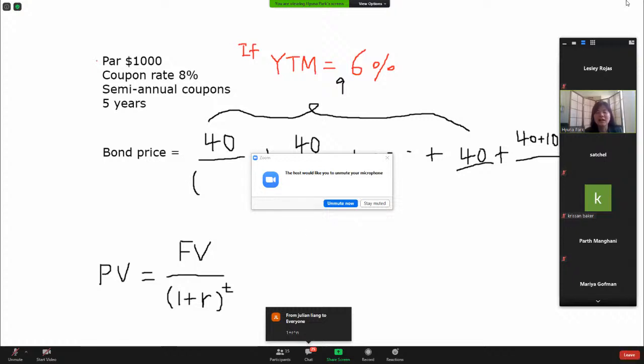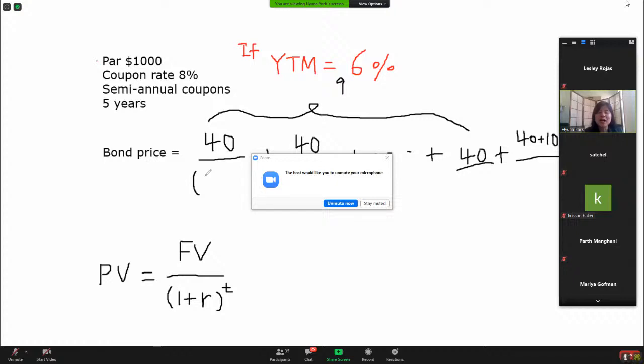Yeah, 1 plus R. And Julian, the whole thing, 1 plus R, should be taken to the power of n, not just R. So you need to use a parenthesis, but thanks for the participation.